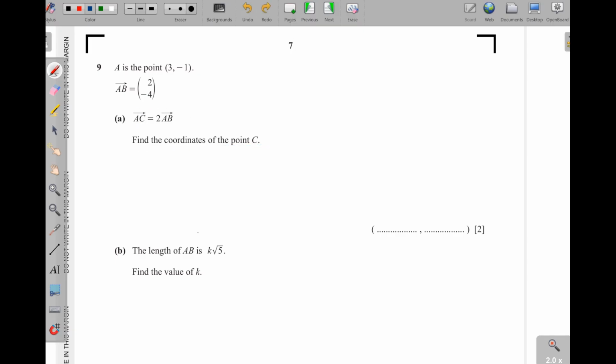Now, if I have points A, let's say A is here, and then C is here, then I have O here. It's the origin. So we can have OA, then OC. So if I want to get A to C, then I will say AO, then plus OC. But since these ones are opposite directions, then AO is the negative of OA.